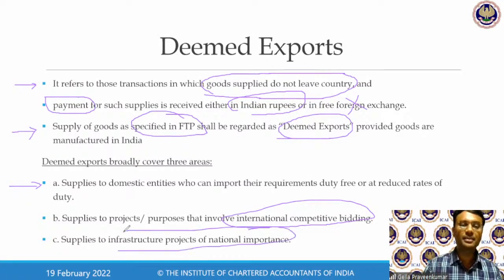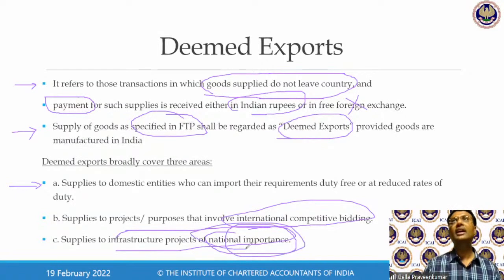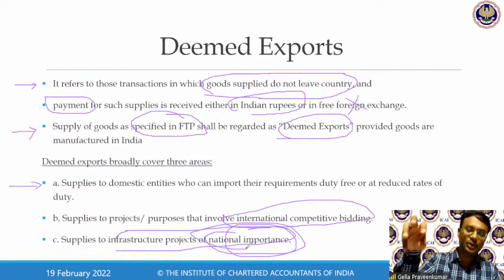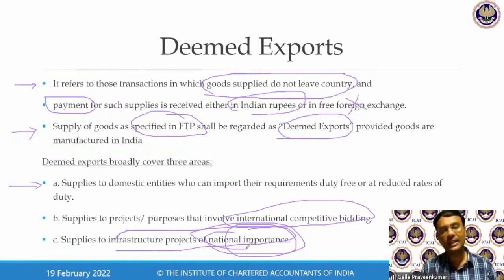Supplies for infrastructure projects of national importance. For example, there is a place called Kudankulam in Tamil Nadu, near the border of Kerala and Tamil Nadu, where the government of India has set up a nuclear power project. A nuclear power project is one of national importance. So any supplies done to this nuclear power project in Kudankulam will be considered as your deemed exports.